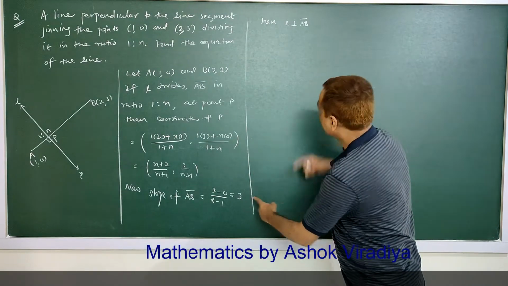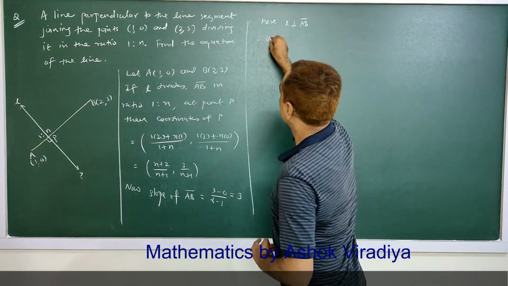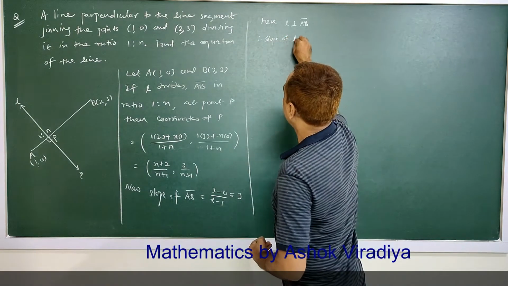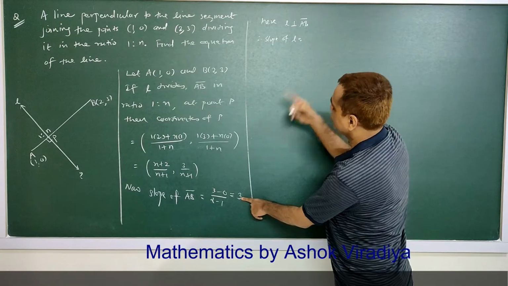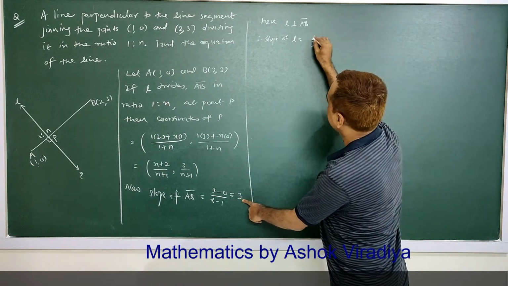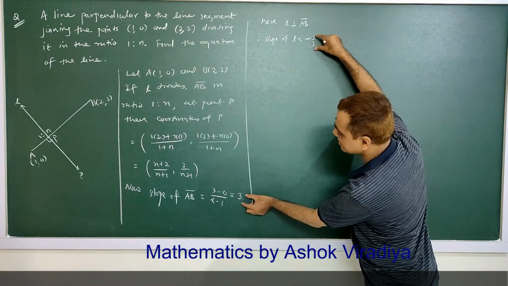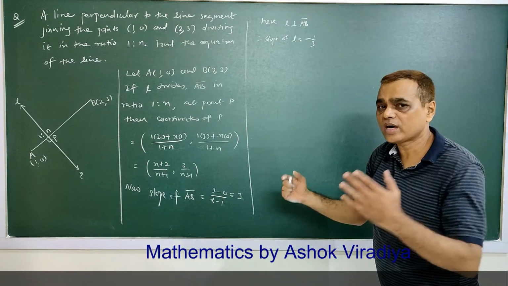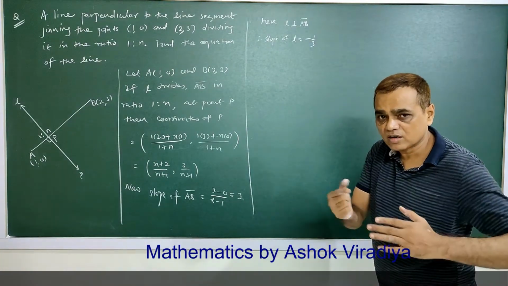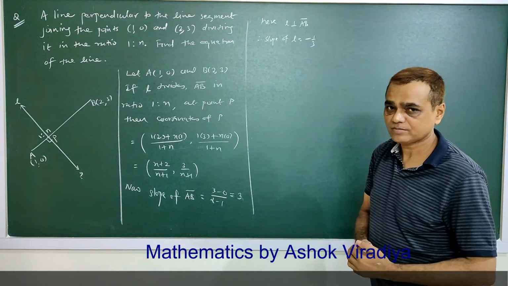So because the slope of AB is 3, the slope of L is its reciprocal with the sign changed, that is -1/3. So the product of these two numbers will be -1. This is the method to write the slope of another line when two lines are perpendicular.